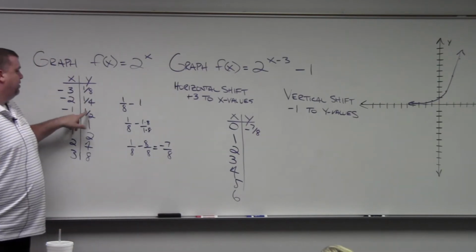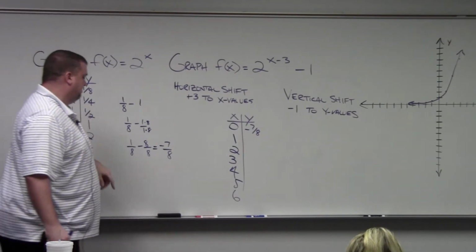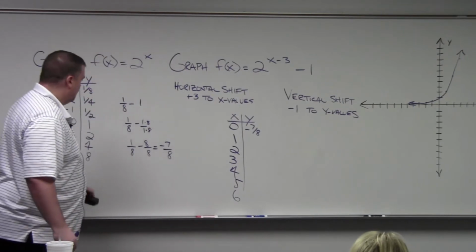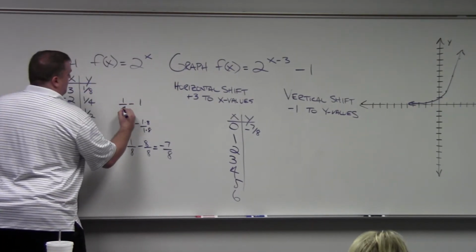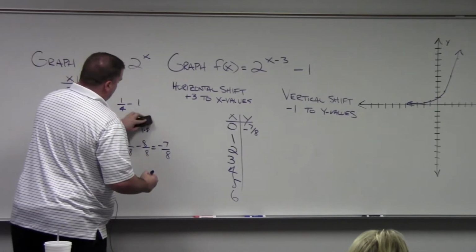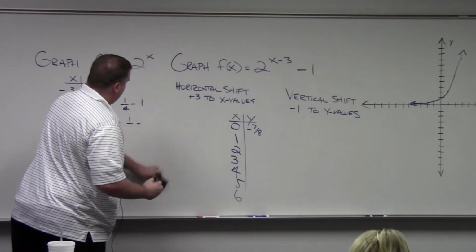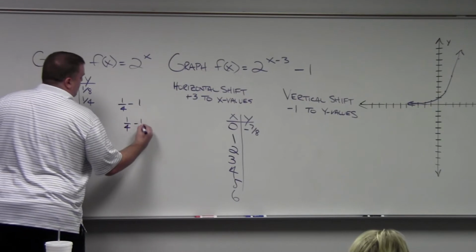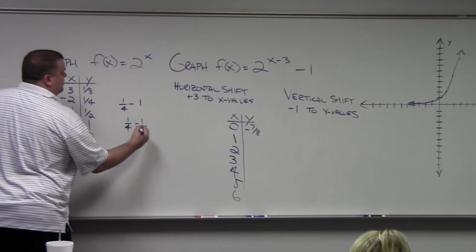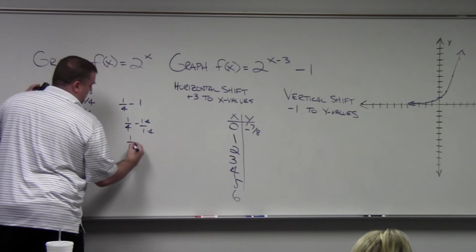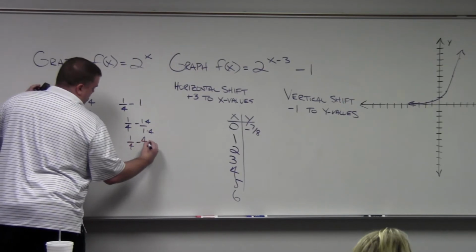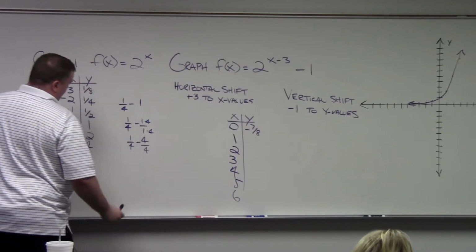And we have to do that for each one of these. 1/4 minus 1. What's the common denominator there? 4. So what's 1/4 minus 4 over 4?